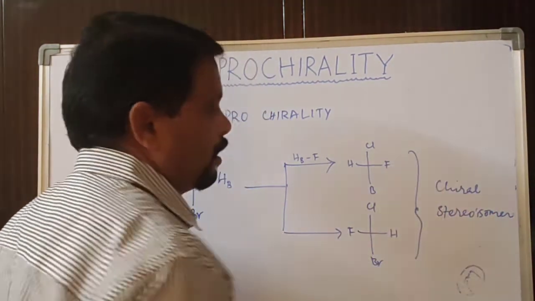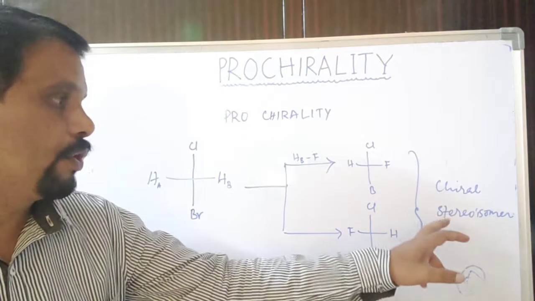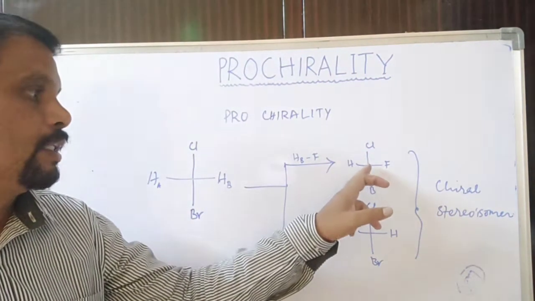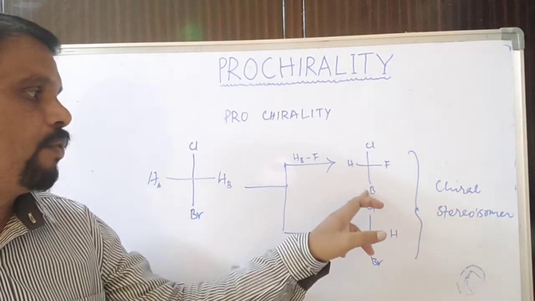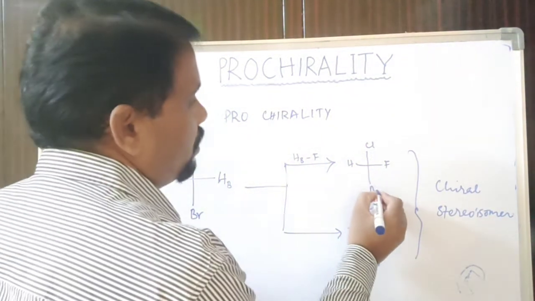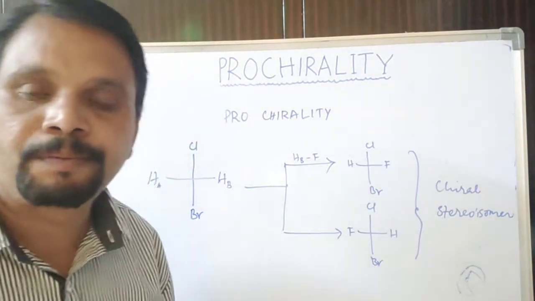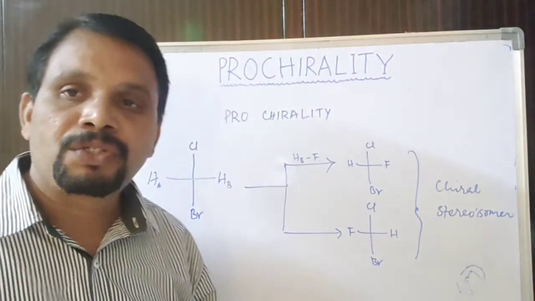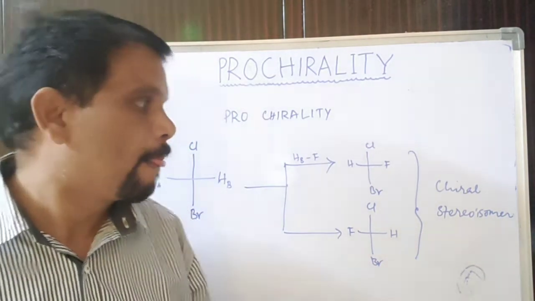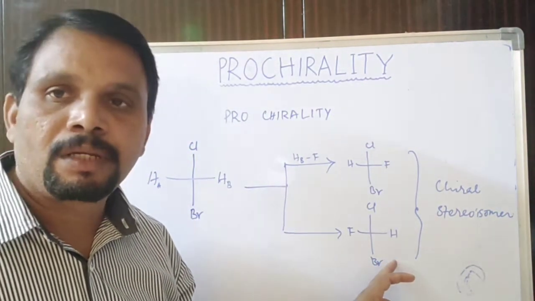Why am I saying chiral stereoisomers? Because the central carbon atom is surrounded by 4 different groups or atoms in that molecule. These two are asymmetric stereoisomers, chiral stereoisomers.